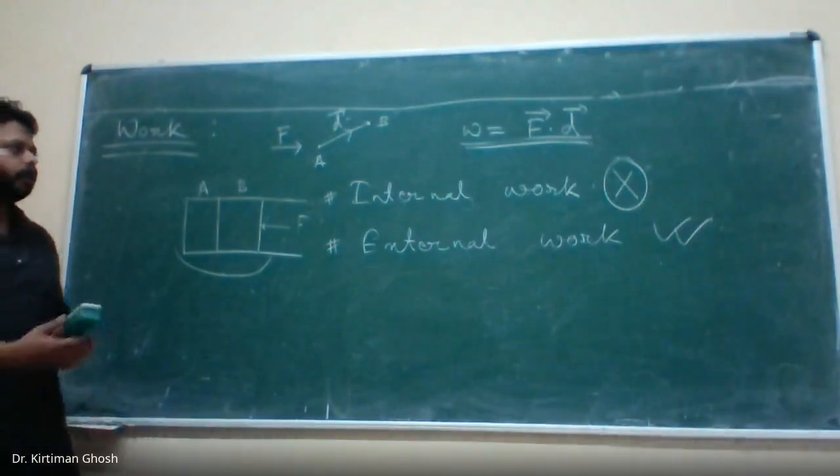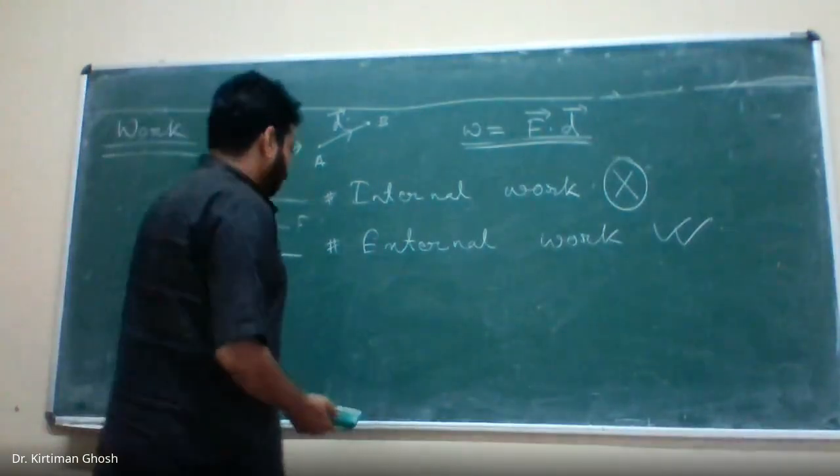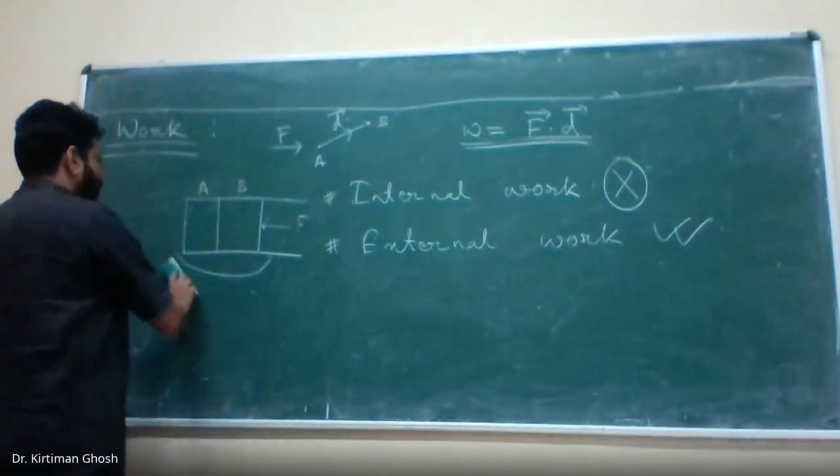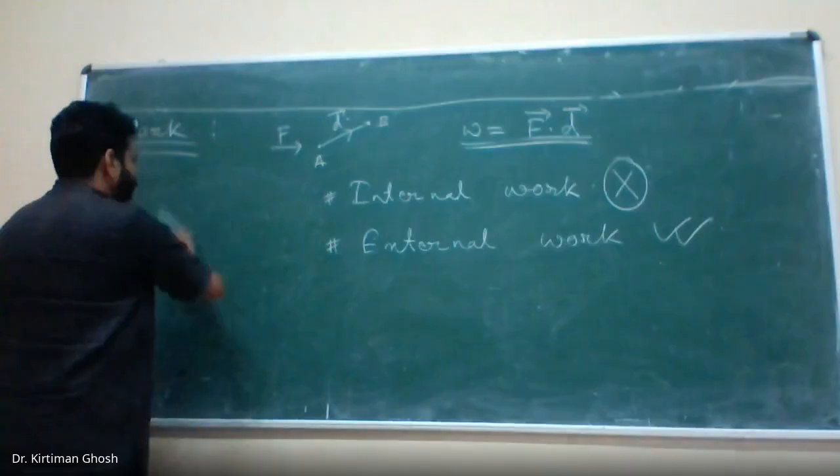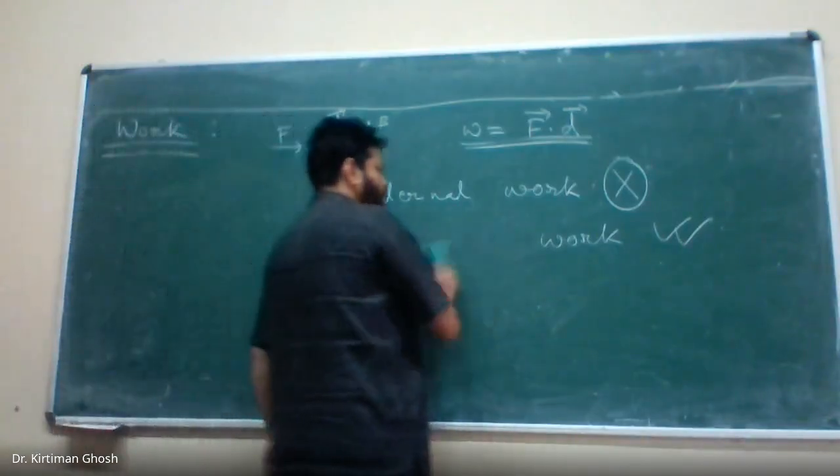We will try to calculate how you can calculate the external work on this system. Some external force is doing some work on the system, so that is our point of interest.